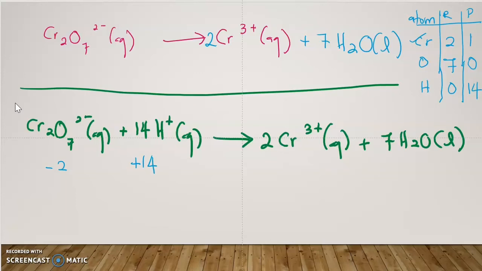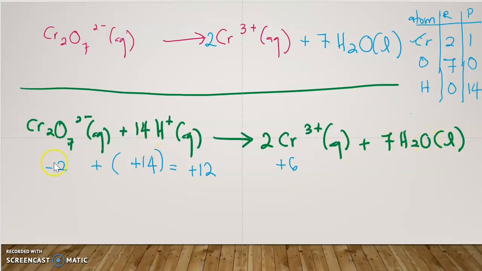So the total on this side is negative 2 plus 14 become positive 12. What about here? 3 times 2, positive 6. And this is 0 because we don't have any charge here. This is a molecule, so the charge is 0. So it is positive 6.